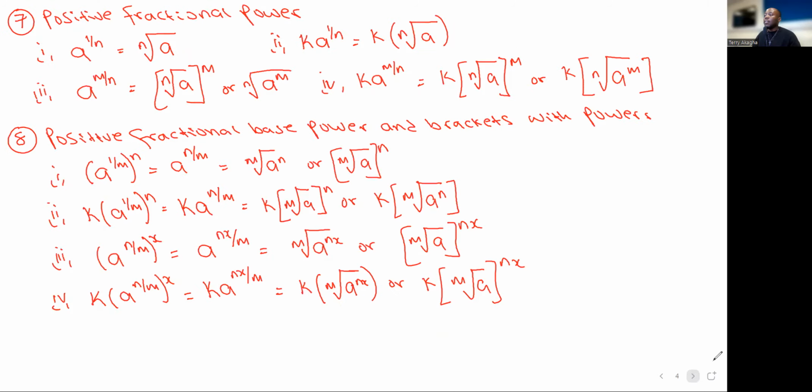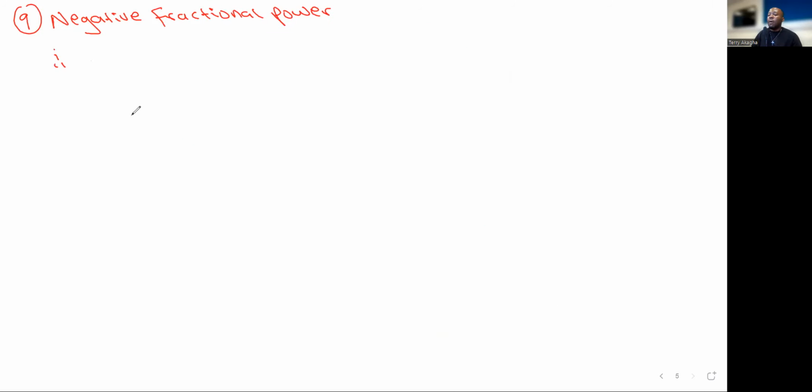So in this case now, we are having a negative fractional power. We are having something like a^(-1/m). It's the same thing as saying 1 over, to remove the negative, a raised to the power 1/m, which is the same thing as saying 1 over the mth root of a. Remember I told you, the value here is going to be the mth root of the base.